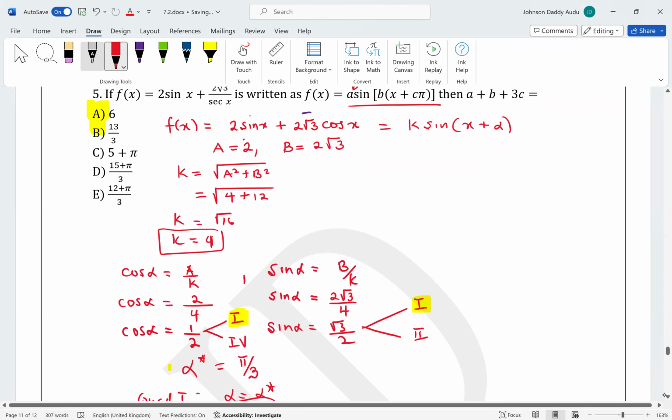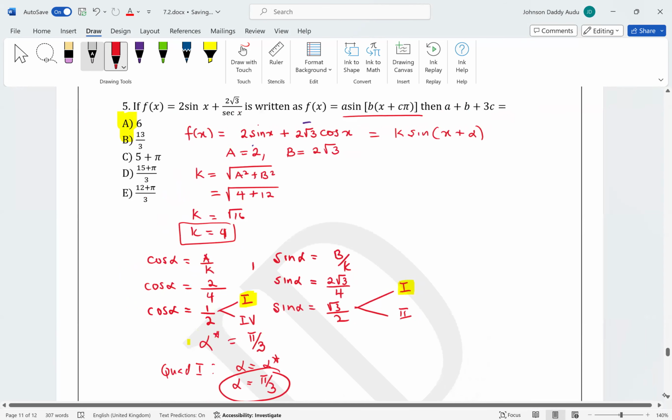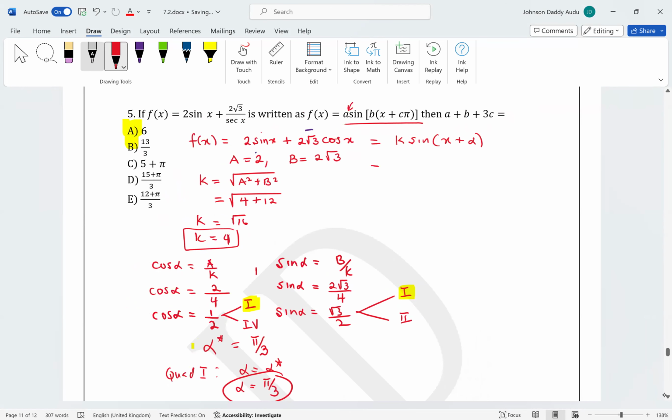So what that means is that we have our k, we have our alpha, right? So the k is 4 sine, and here is x plus pi over 3, correct? Okay.